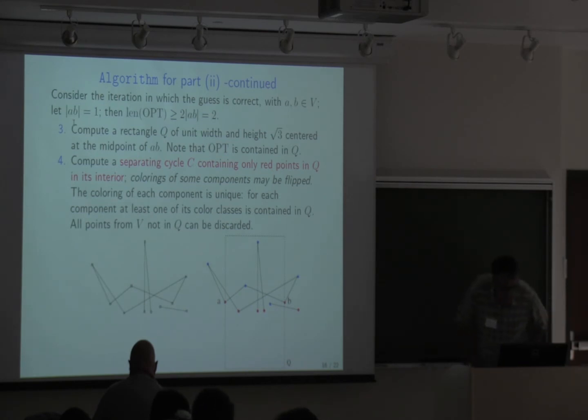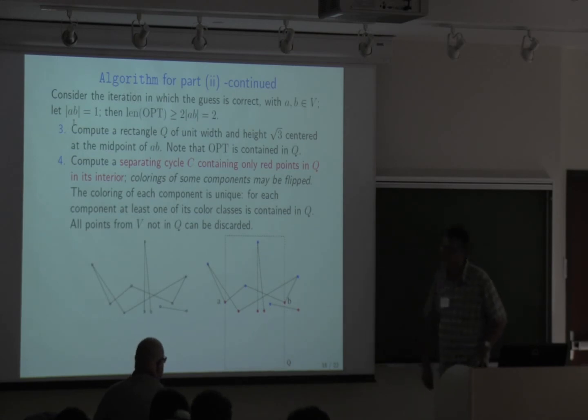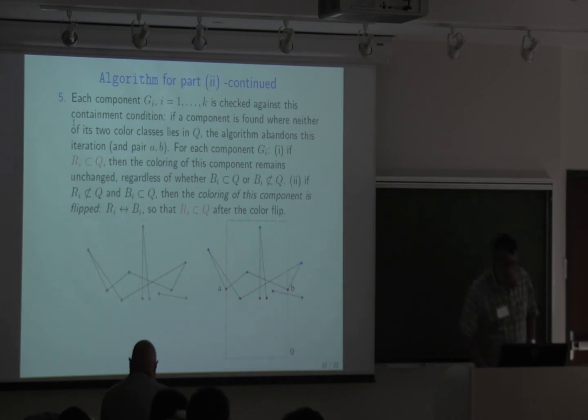For instance, in this example, we have 3 connected components. There's one with one edge, one with 2 edges, and one with multiple edges. And we know if these are correct, then one of the color classes should be inside this rectangle.